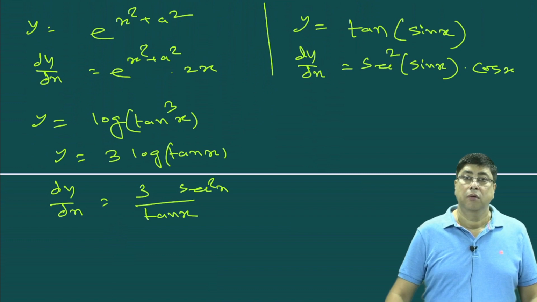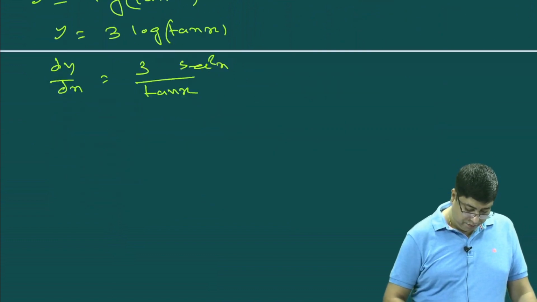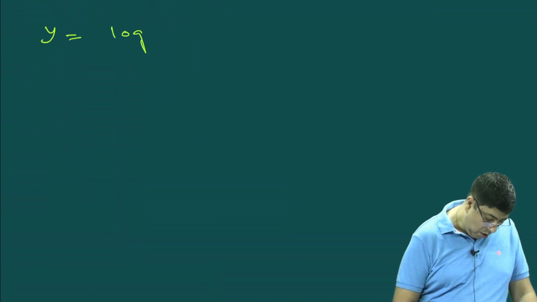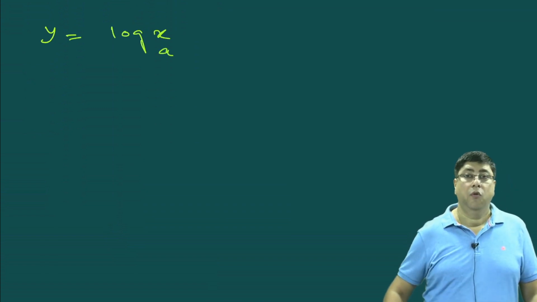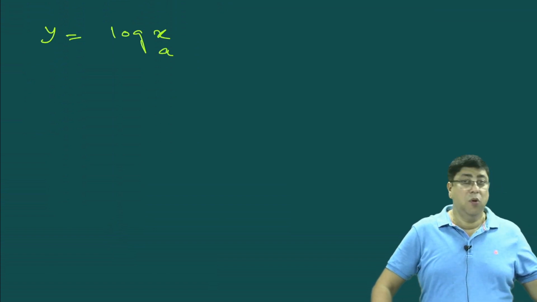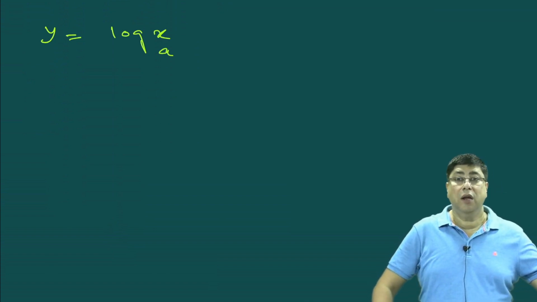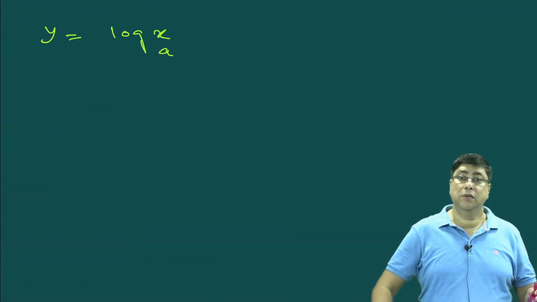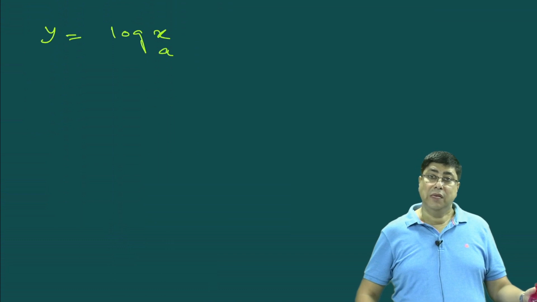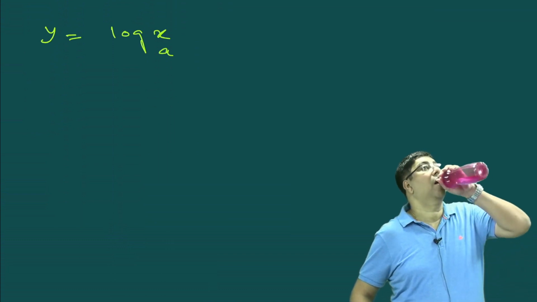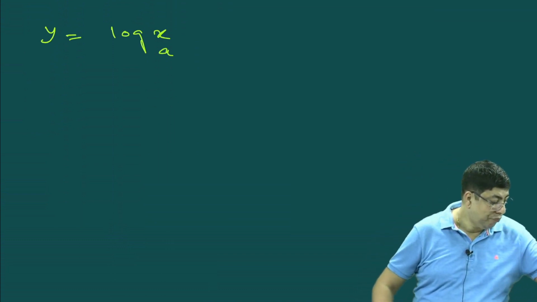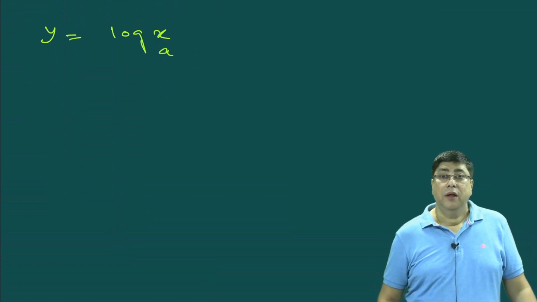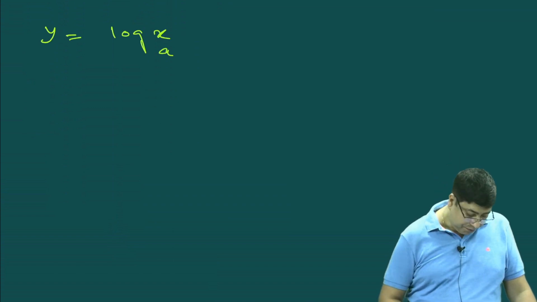Now I am showing you some other type. Suppose y equal to log of x base a. When the base is not e, we have to convert it to base e, otherwise we cannot use the formula, because the formula for the derivative of log x equal to 1 by x is given with base e, that is ln. So what to do? By the log property, log x base a is log x by log a.